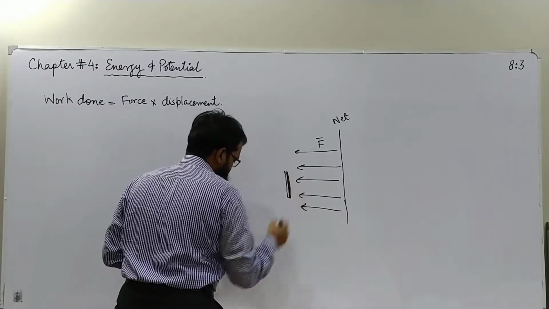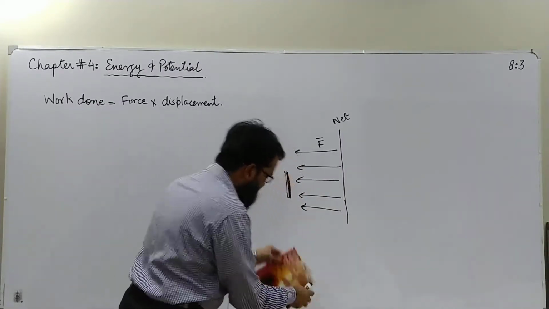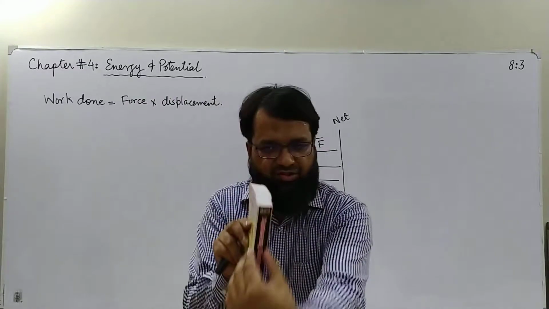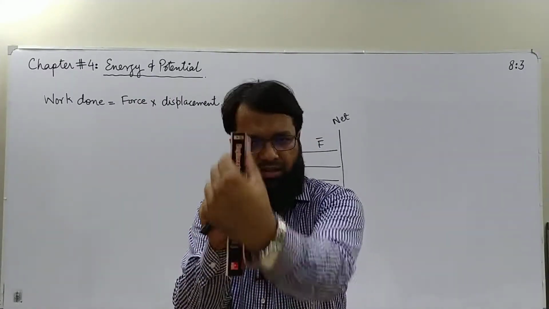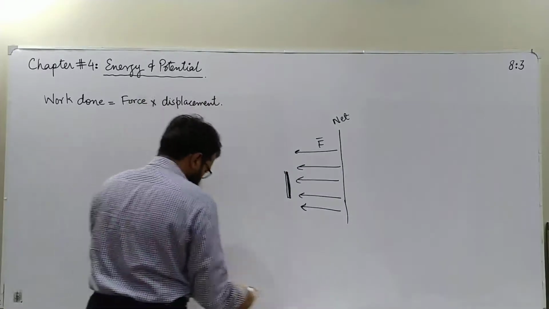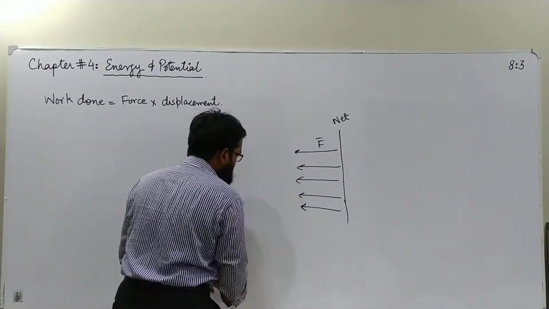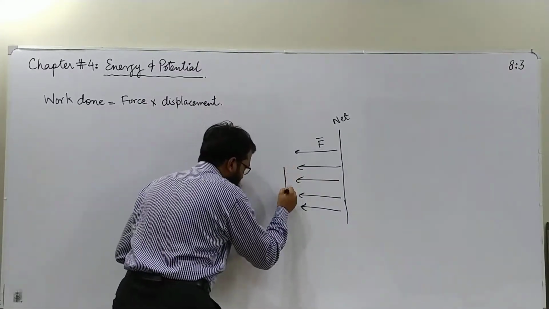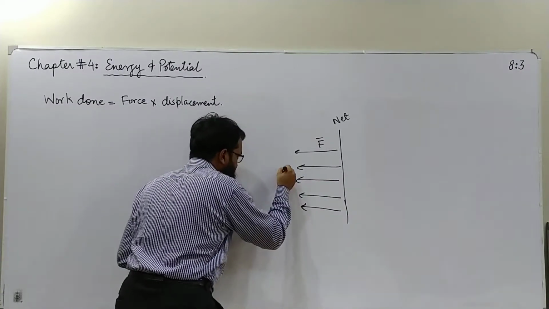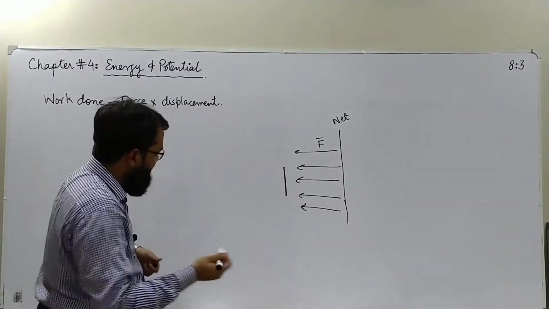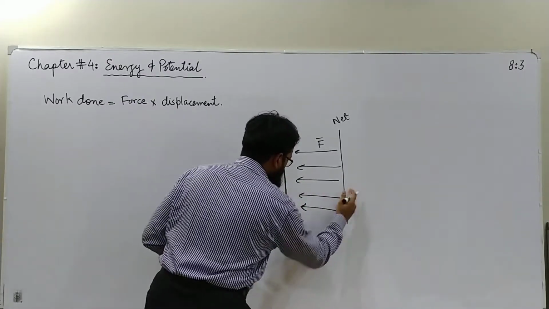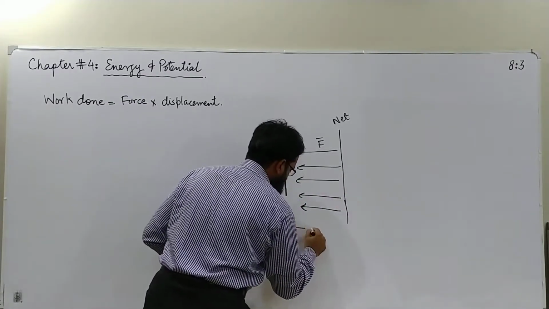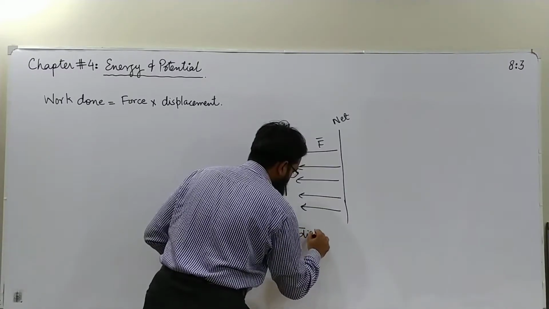Let's say this is the book, and consider that this book is extremely thin, so thin that its thickness is negligible. I should draw one line just to show you that this book is very thin, and my target is to take this book from here to here, meaning this is the displacement which I have to cover.